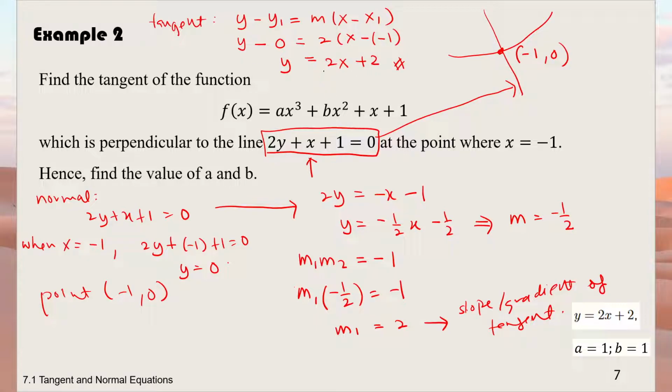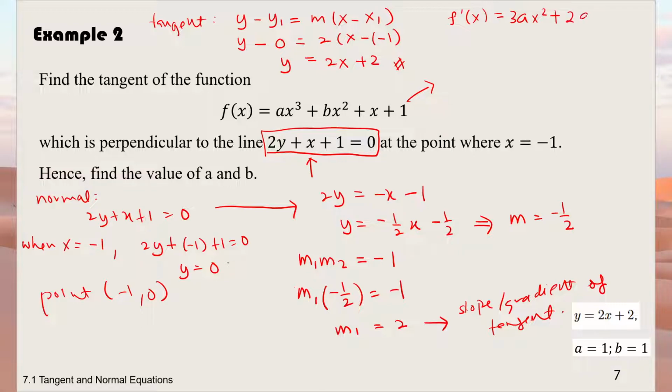Okay, now because I already have my tangent line, the question asks me to find the values of A and B. So how am I going to find the values of A and B? First, I can use the information of the slope. So f prime x equals 3ax squared plus 2bx plus 1 must equal 2 when x is negative 1.